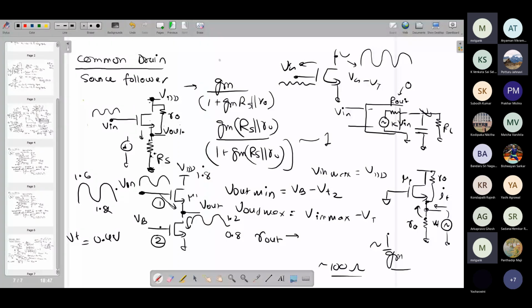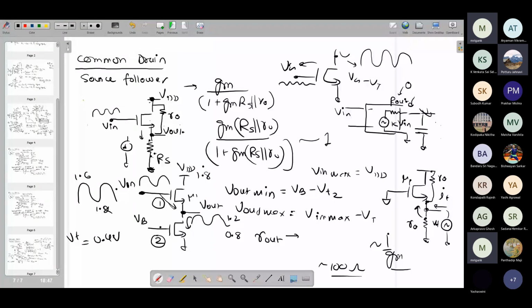If you don't have RL but a big capacitive load at the output, what is the benefit of having low R out? Bandwidth will be better. Because if your R out is large, the overall RC time constant at this node will become very large, and as a result, the pole will be at very low frequency. It will limit the speed of the circuit.